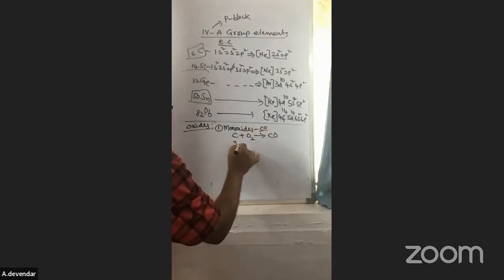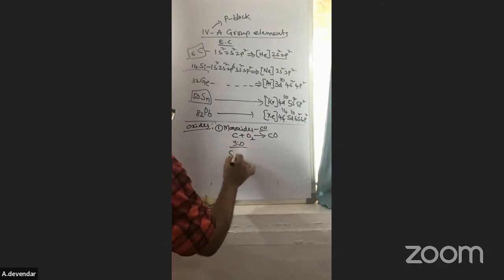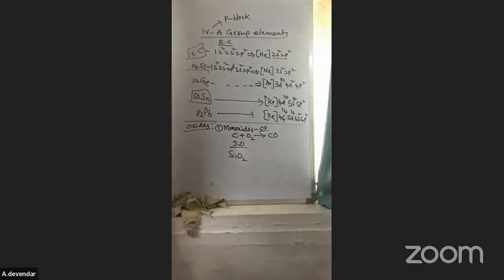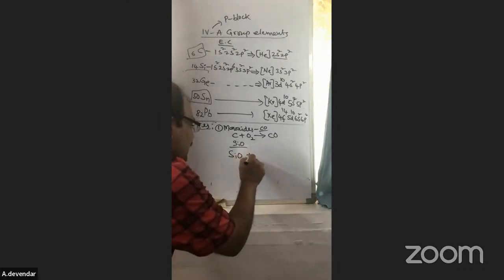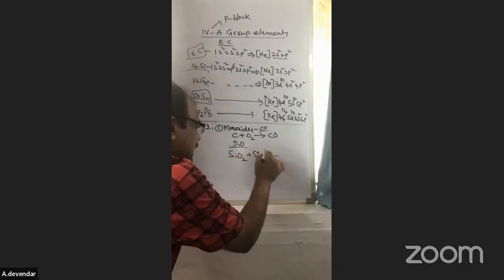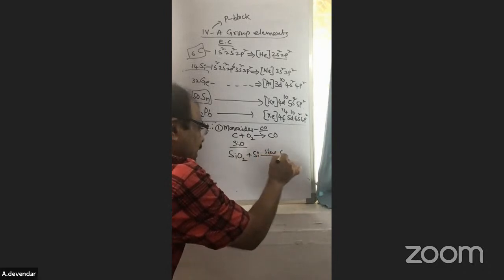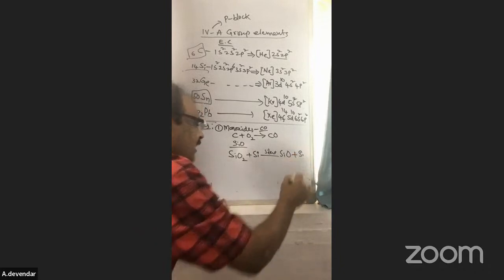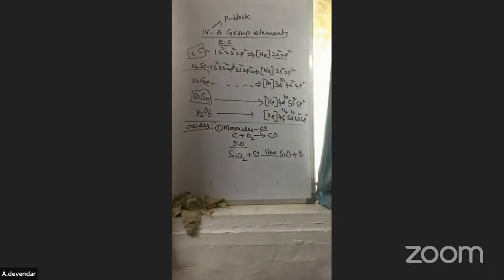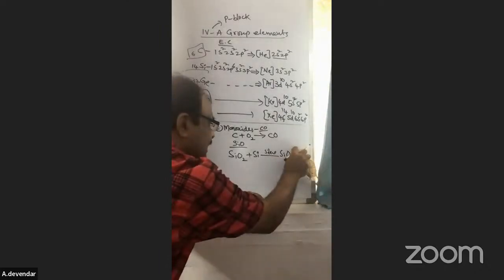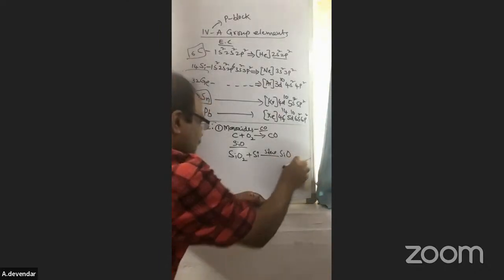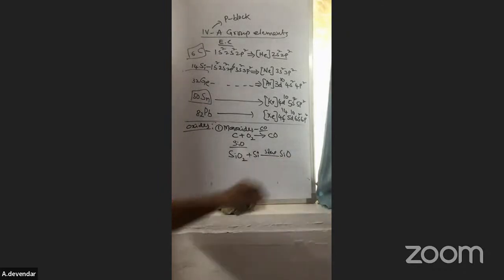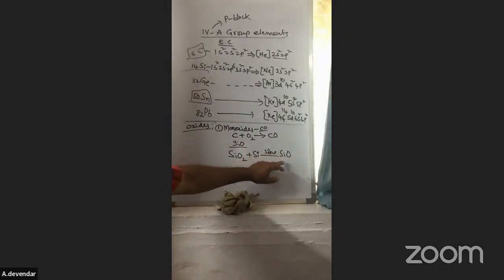Like that, silicon monoxide. How can you get silicon monoxide? When silica is treated with silicon in an electric discharge tube, you get SiO plus silica. This SiO is an unstable compound and does not exist for more than a few seconds.